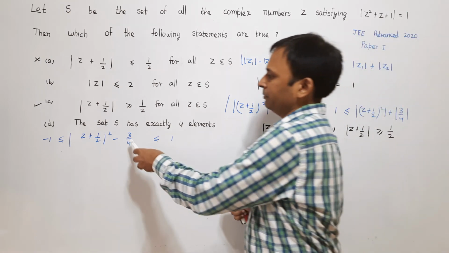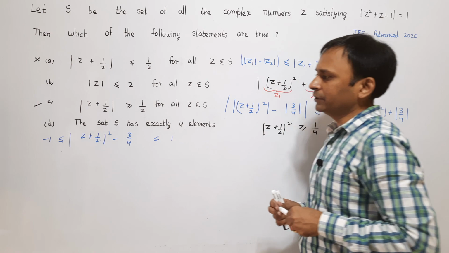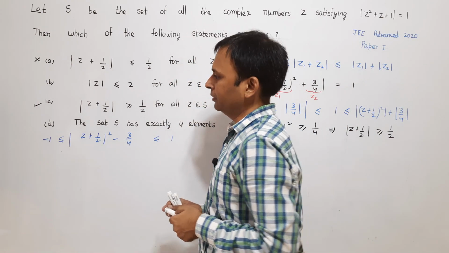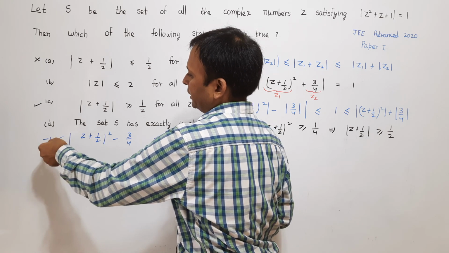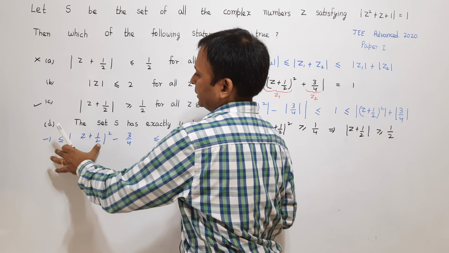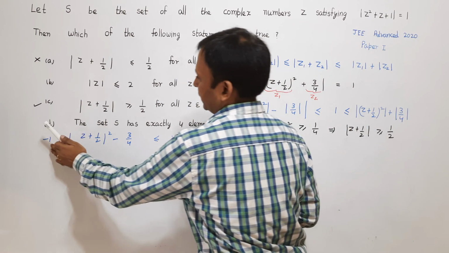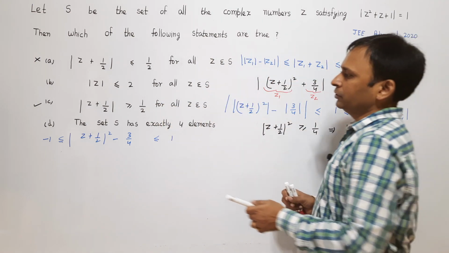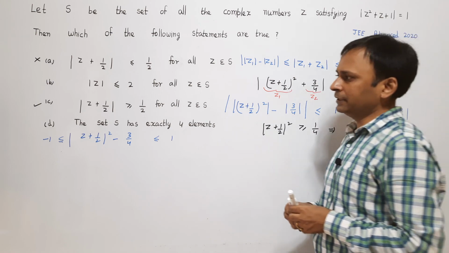Then when minus 3 by 4 comes on the left hand side, this becomes minus 1 plus 3 by 4, which is minus 1 by 4. So obviously this mod of a value will always be greater than a negative value. So this left hand side is very obvious, so I will not take this into consideration. I will take the right side of this inequality. So this minus 3 by 4, when it comes on the right side, becomes plus 3 by 4.